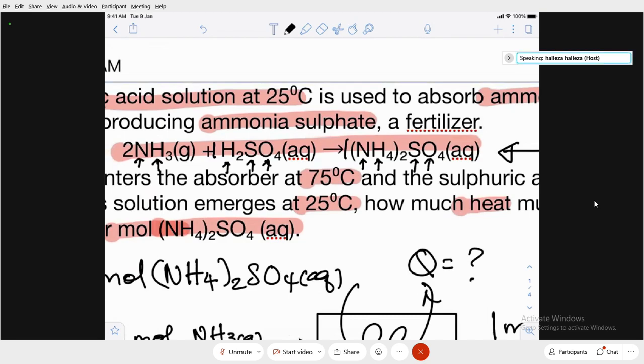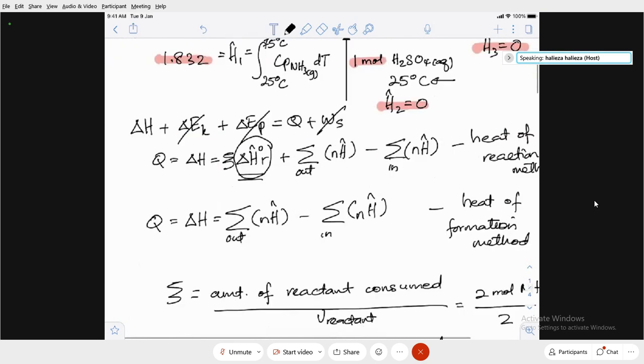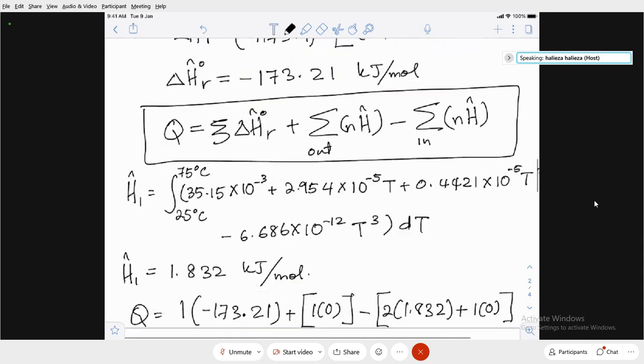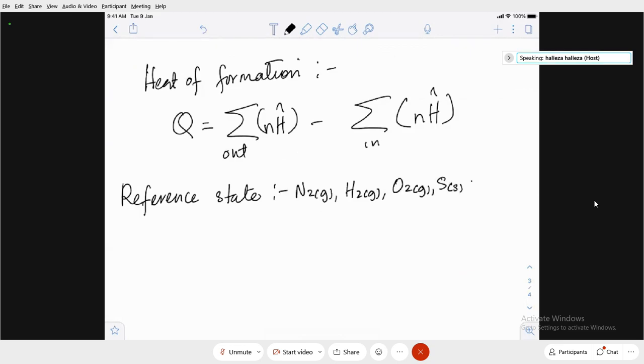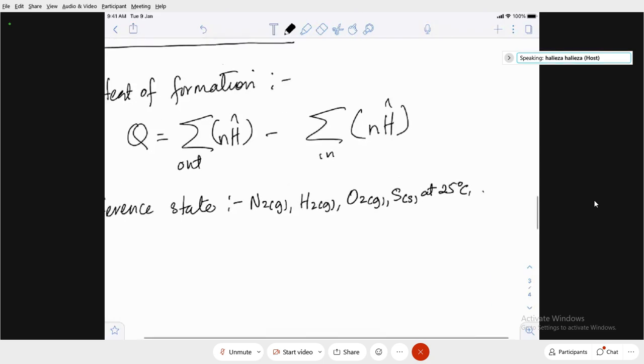So you only have four elements that you need to use at 25 degrees C: nitrogen gas, hydrogen gas, oxygen gas, and sulfur in a solid form at 25 degrees C and 1 atm. Okay, so that is your reference state.